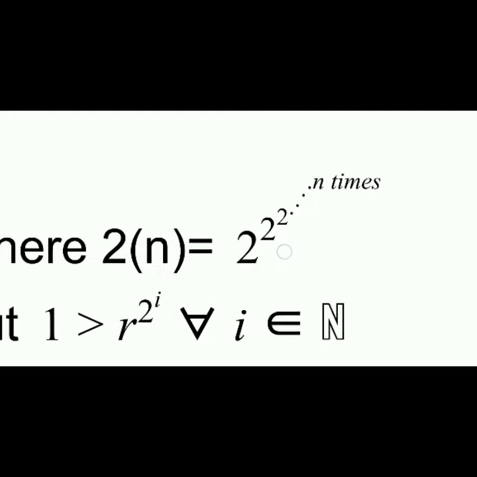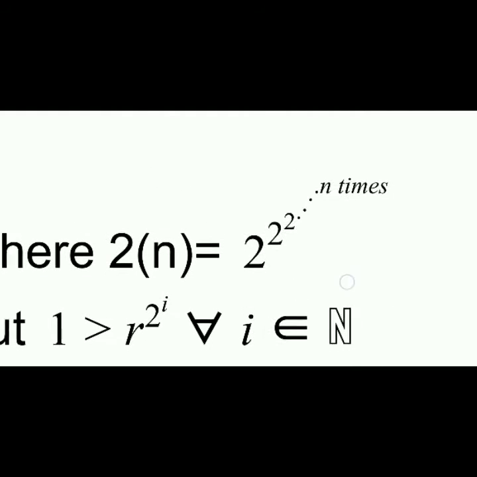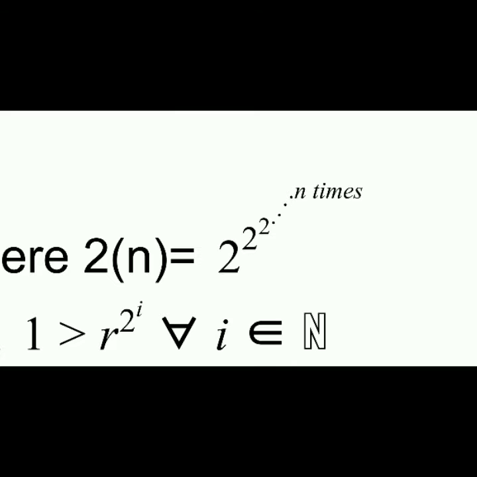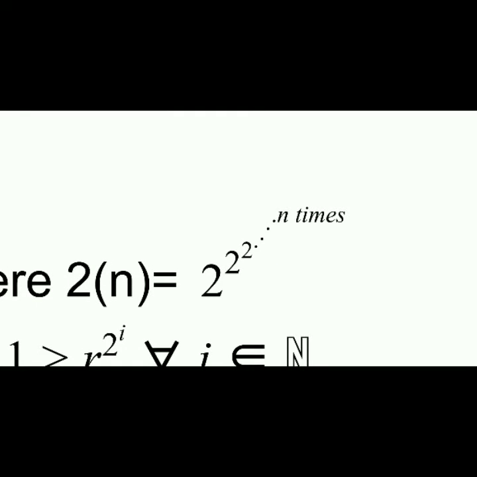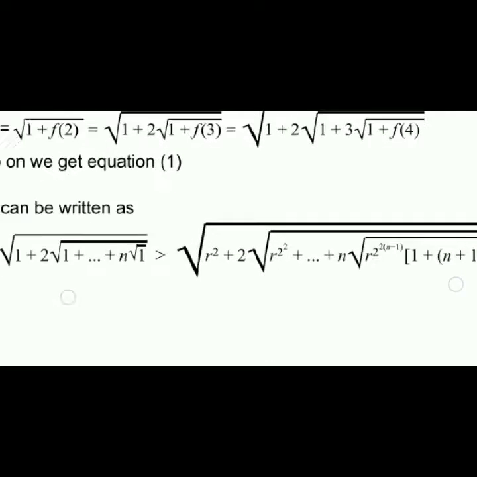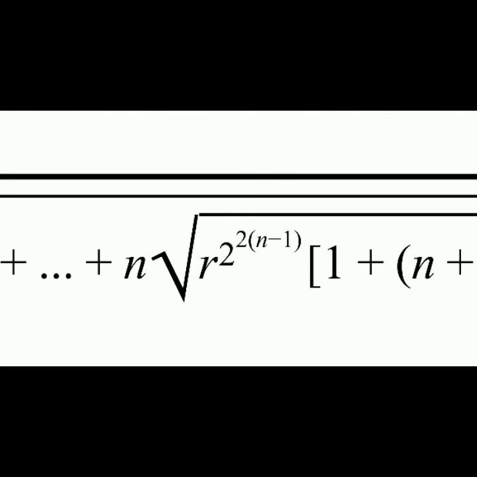I have defined this function 2n, which is equal to 2 to the power 2n minus 1, n times. So here it will be 2 to the power 2n minus 1 times, which will be equal to r to the power 2 to the power 2 to the power 2, n times.